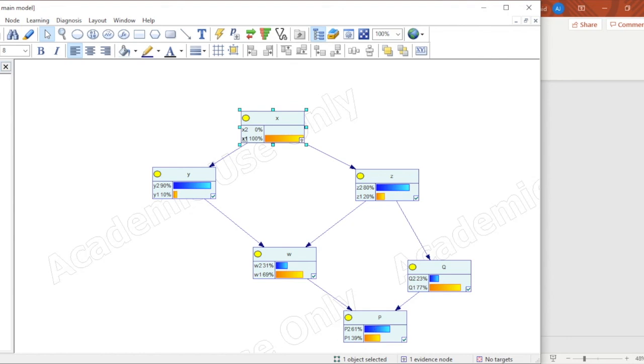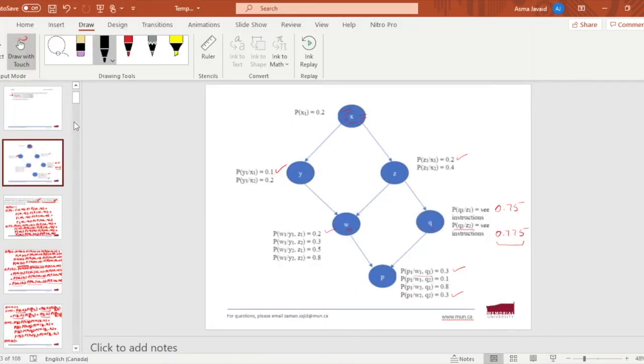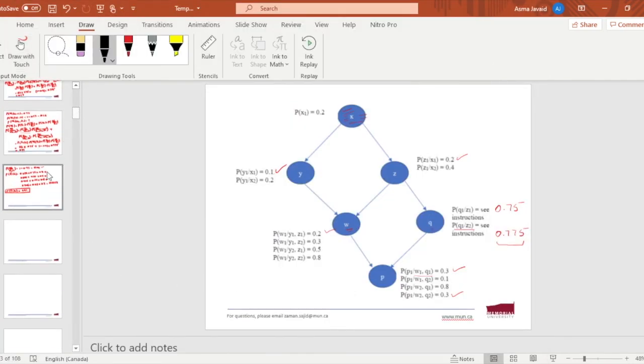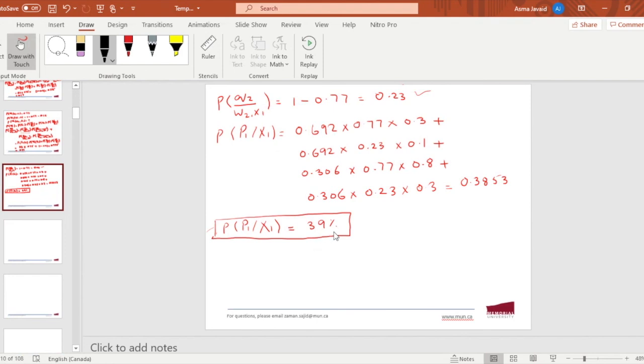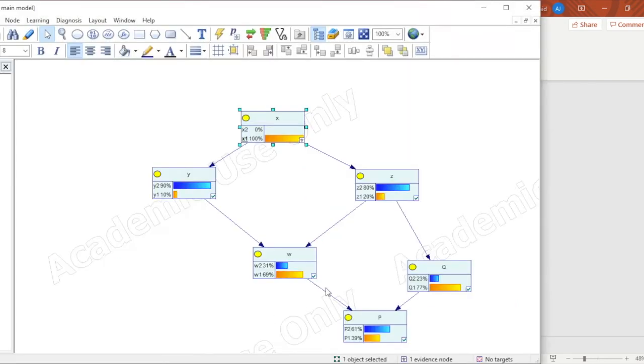This is what we also calculated using our solution here. As you can see, this is 39%, and the Genie software is also giving you the same answer. So this confirms that all your calculations are correct.